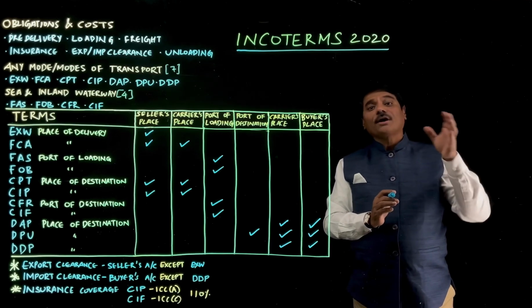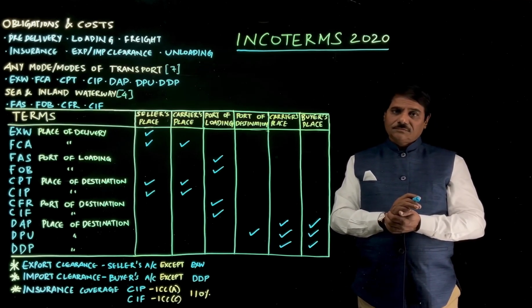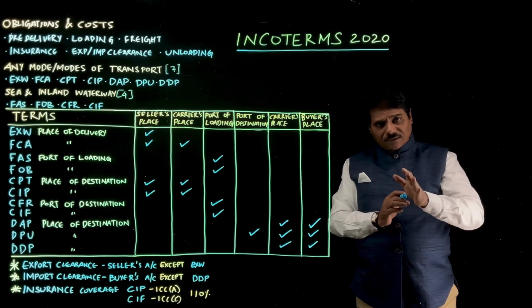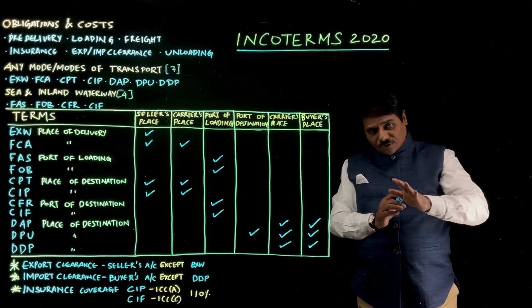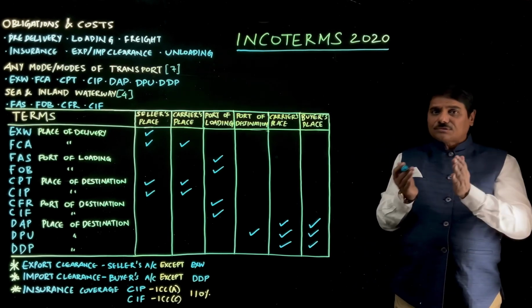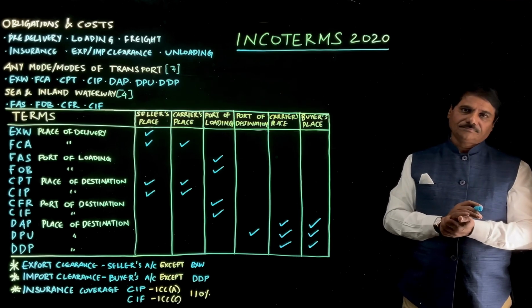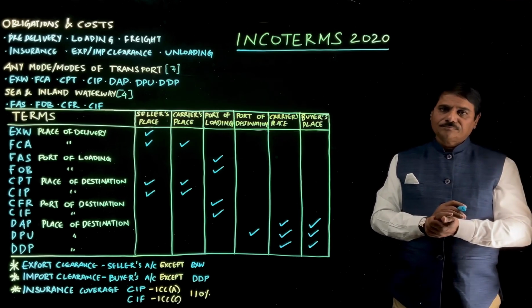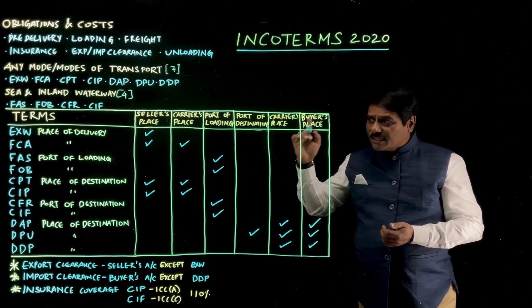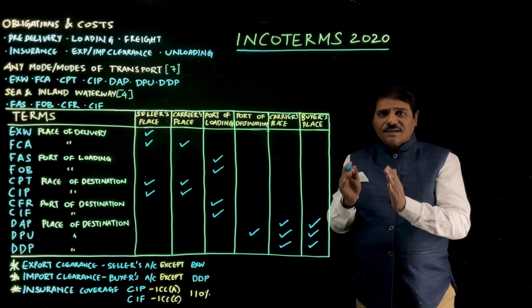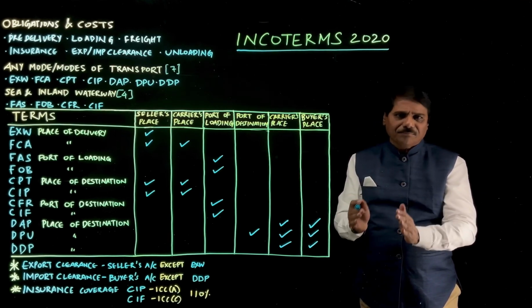And you should also employ the labor. The buyer must come with the truck and he must also employ his own labor to lift the goods onto the truck. So what I am saying is, in case of ex works, seller's responsibility is very minimum.